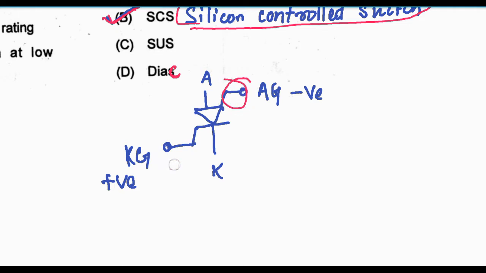And how is it turned on? When we apply anode positive, cathode negative, that means forward biased condition, where anode is connected to the positive terminal and cathode is connected to the negative terminal.